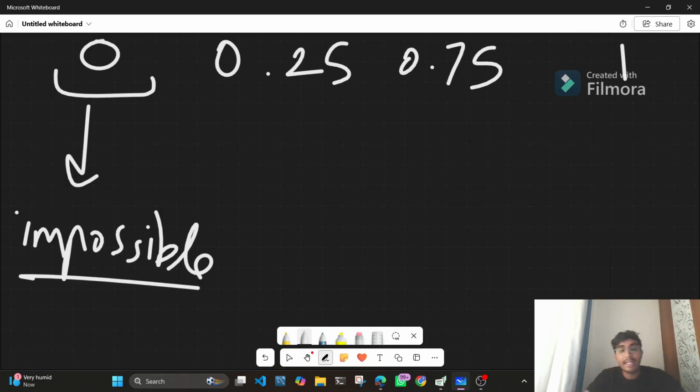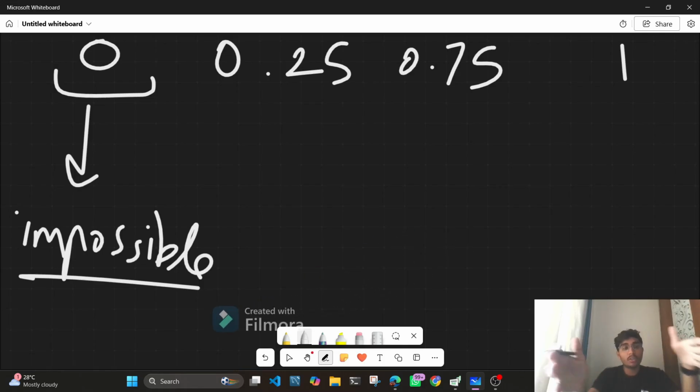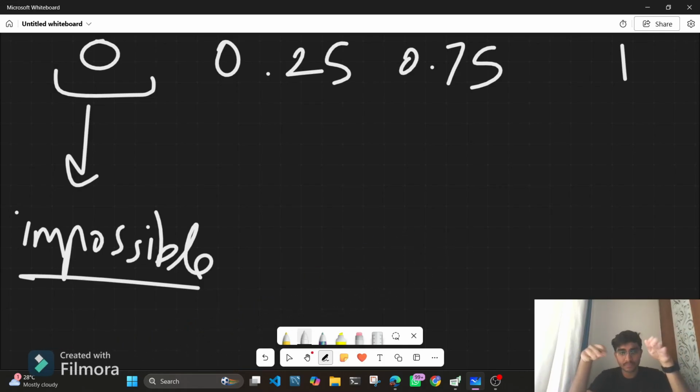If I say that your school team will not win tomorrow, and your probability of winning the match tomorrow is 0, then it would not be possible for you to win the match. Therefore, it is impossible for you to win the match tomorrow. This is what a zero probability refers to.